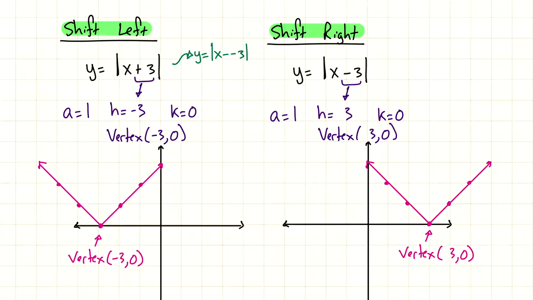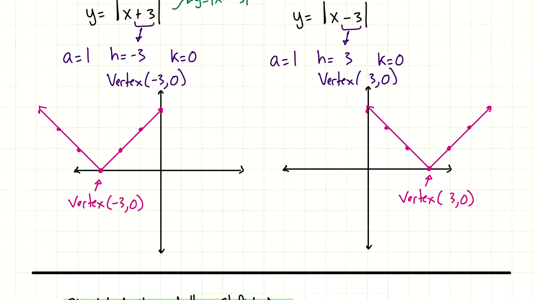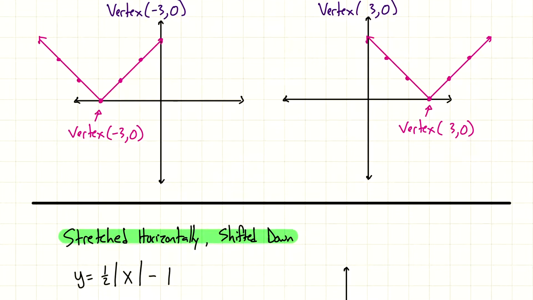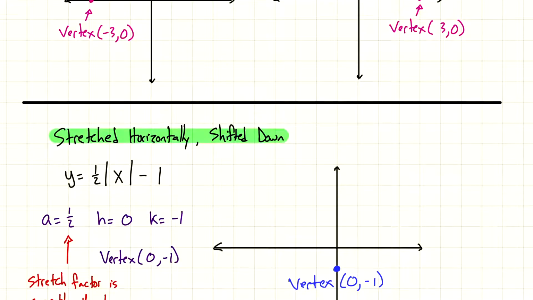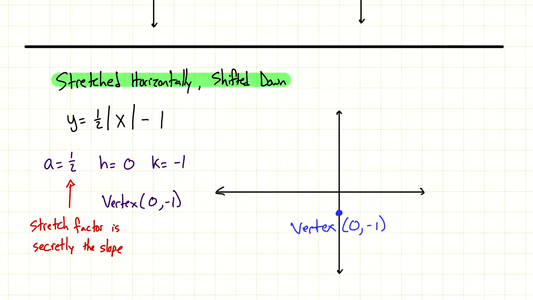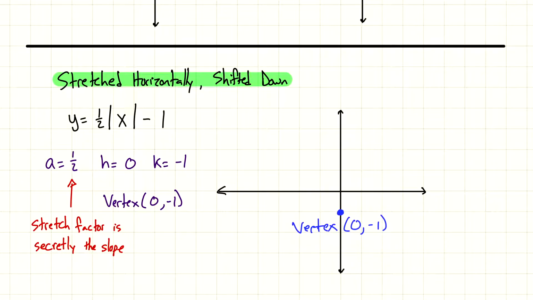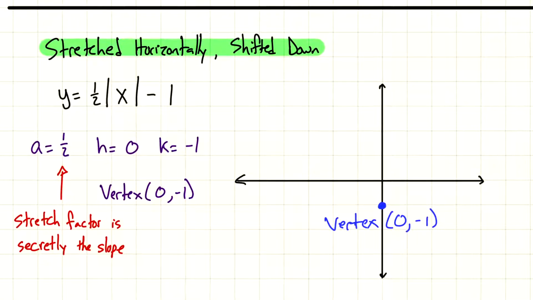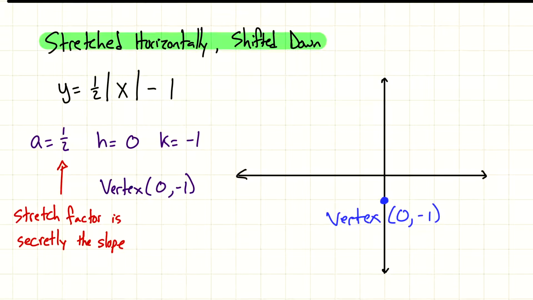Now the same idea works with shifting up and down, except we would be looking at the k value to help us do that. Let's look at one example where we have a stretch factor and a shift. So I'll zoom into this one.